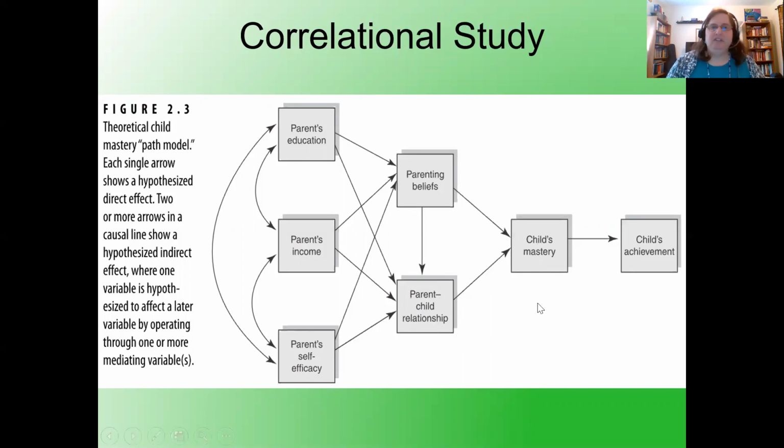So that's just one type of correlational study called a path analysis. And this is something that sometimes people use. I only recommend using it if you know a great deal about your variables and how they're related to each other, because you are developing a model and then seeing if it fits.